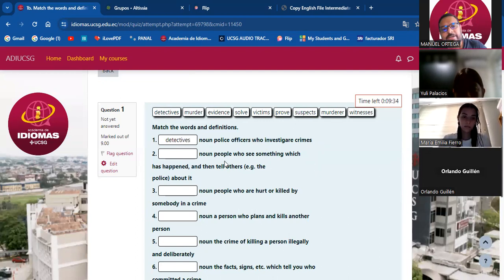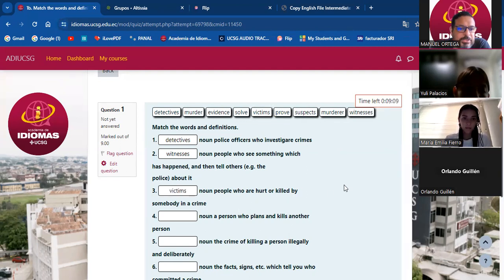Number 2, it's a noun. People who see something which has happened and then tell others. Witnesses. Witnesses, testigos. Number 3, people who are hurt or killed by somebody in a crime. Victims.